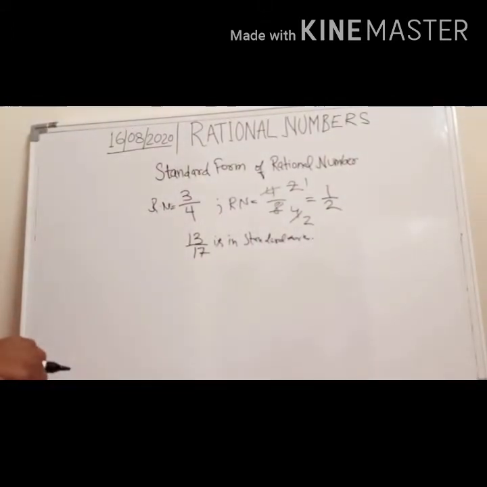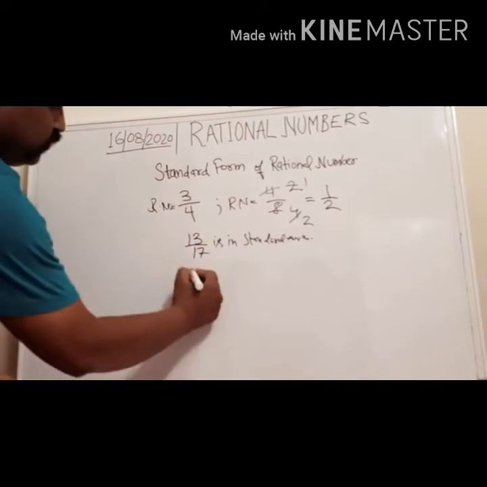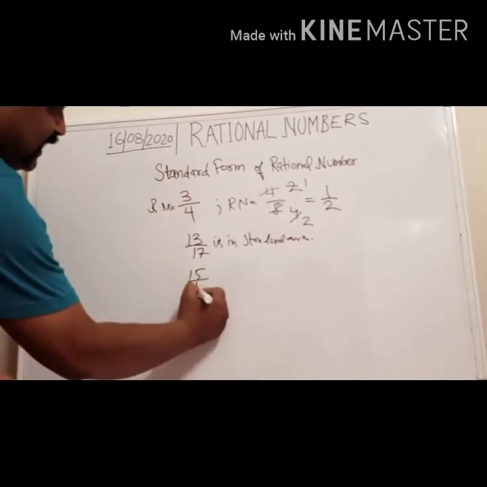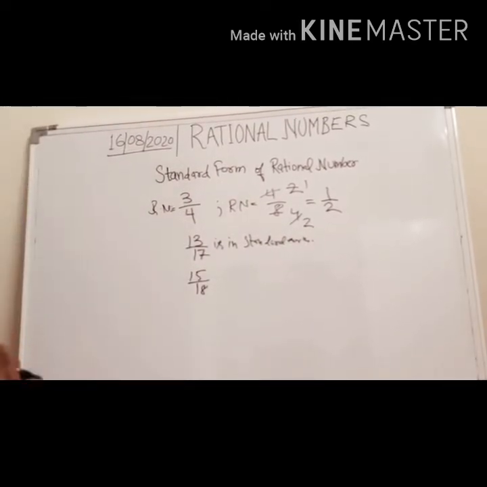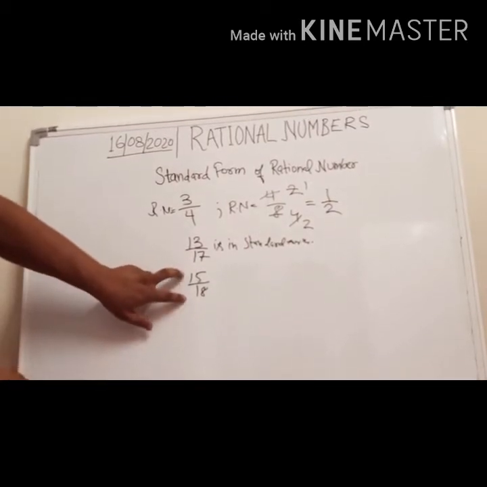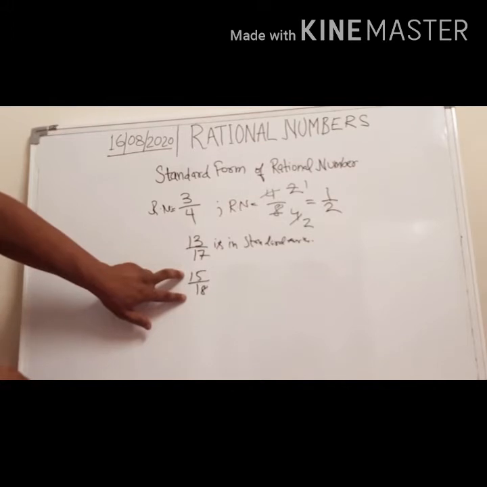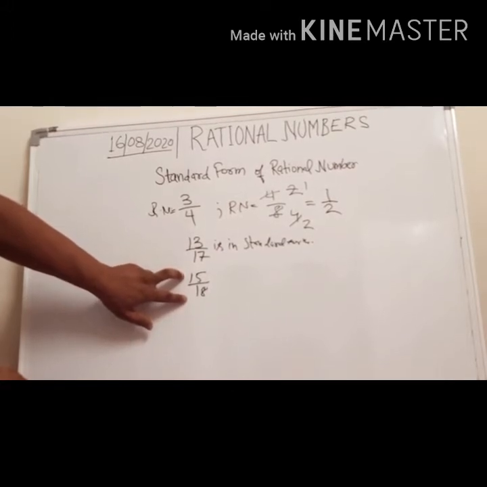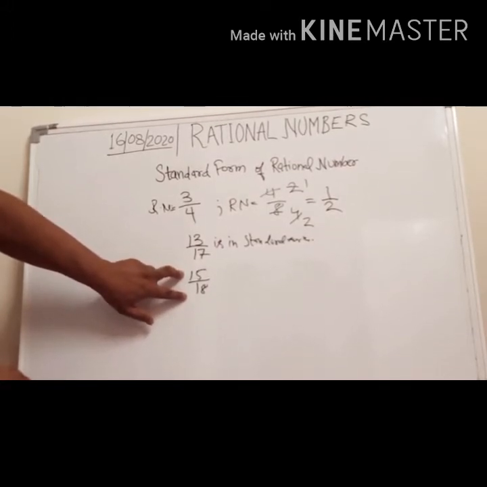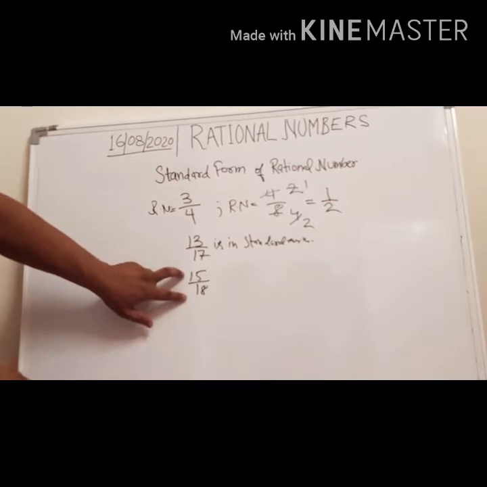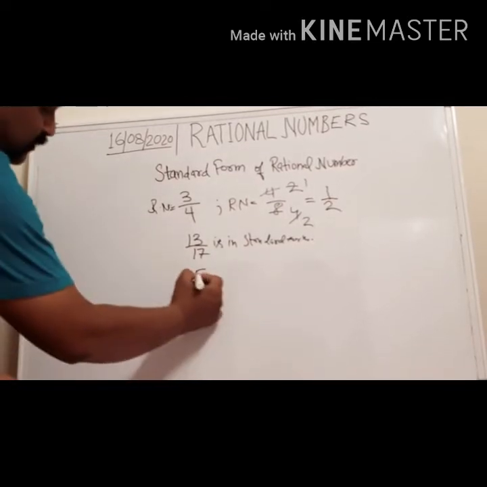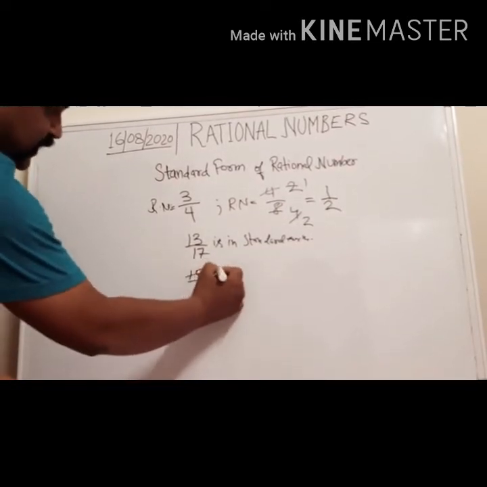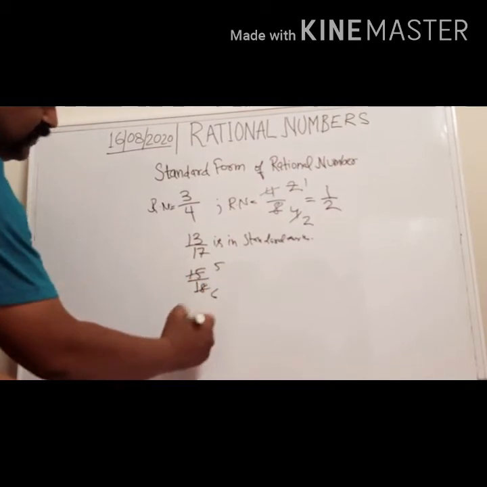Now let us see if we have a number, suppose 15 by 18. We can clearly see that this rational number has a numerator and denominator which are multiples of 3. So we can divide both by the table of 3. 3 5s are 15, 3 6s are 18.